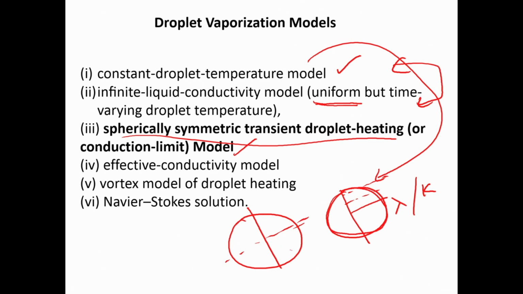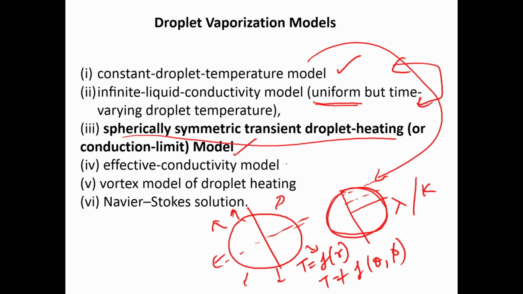Within the droplet the temperature will be a function of r, but still it is spherically symmetric, that means it is isotropic in nature. Temperature is not a function of theta or phi, so there is no azimuthal variation. That is called the spherically symmetric transient droplet heating model.